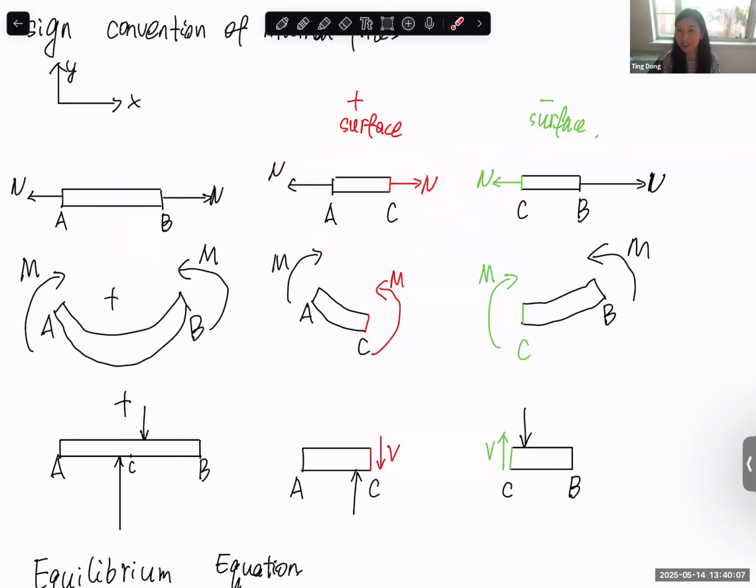This is how we generate tension in the 1D bar. Makes sense or not?